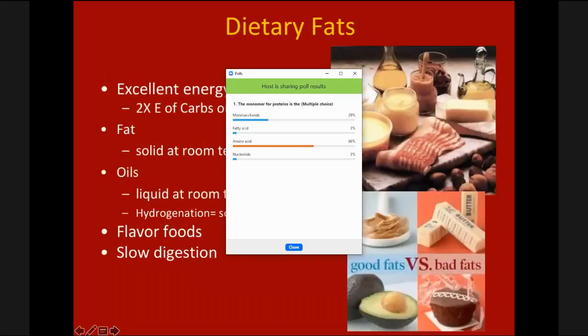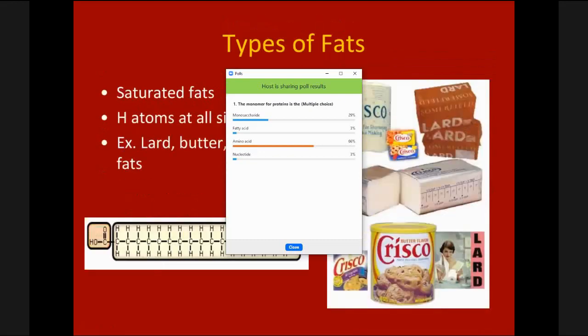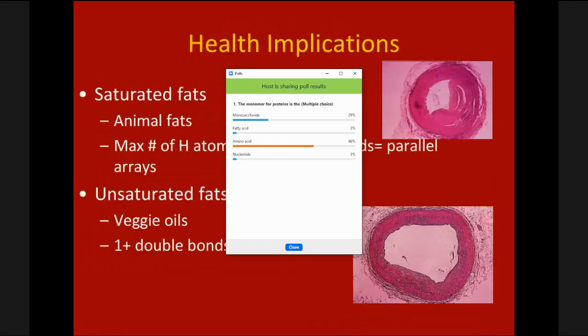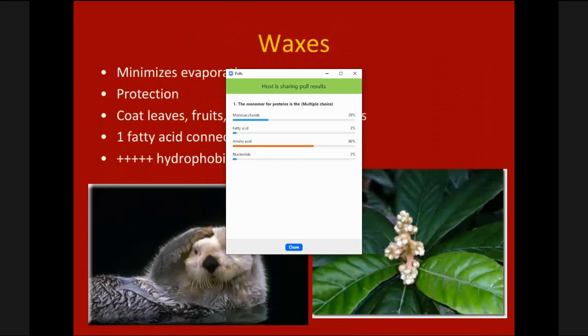We talked about how they can be used as energy sources. So we learned a little bit about dietary fats and talked about the difference between fats and oils. We talked a little tiny bit about the health implications. And this is where I left off, right? We're going to learn about waxes and a couple other types of lipids before we move on to learn about proteins.